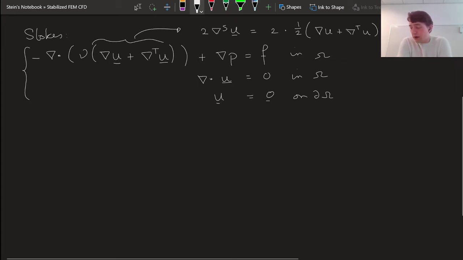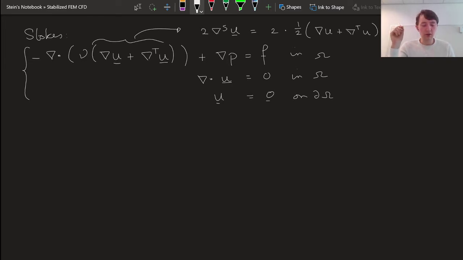So how do we go about doing this? Well, the proposed strategy so far was the method of weighted residuals. We're going to multiply by a test function, integrate over the domain, and do certain integration by parts steps. So if we do that, then we obtain a statement like the one in the beginning.